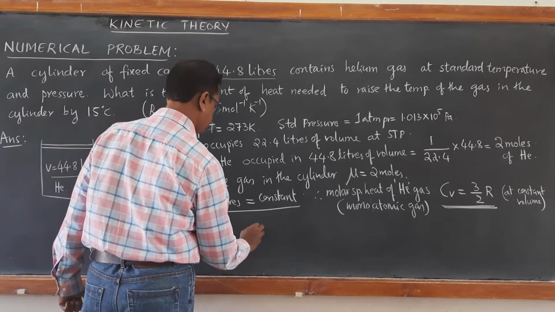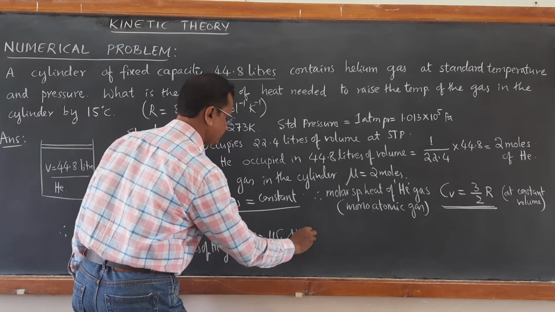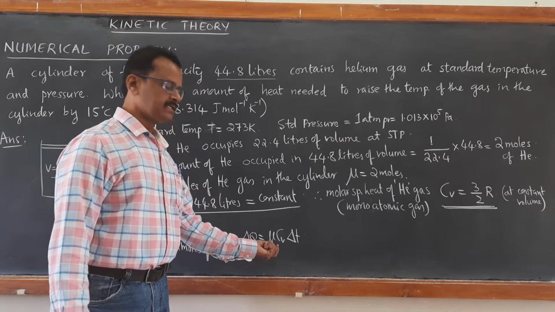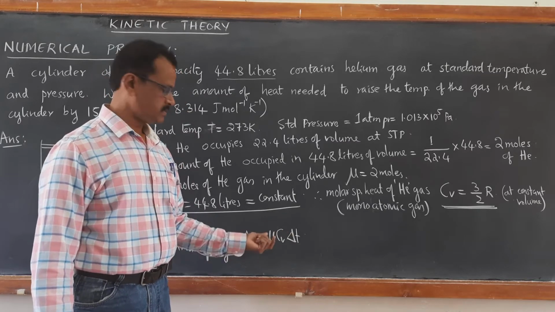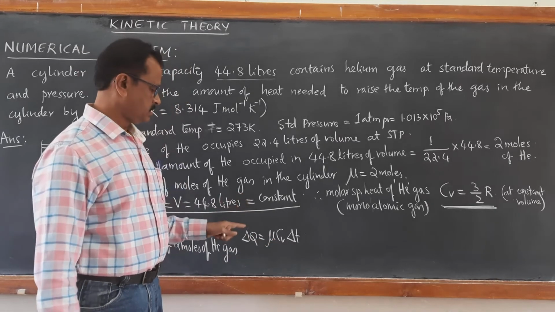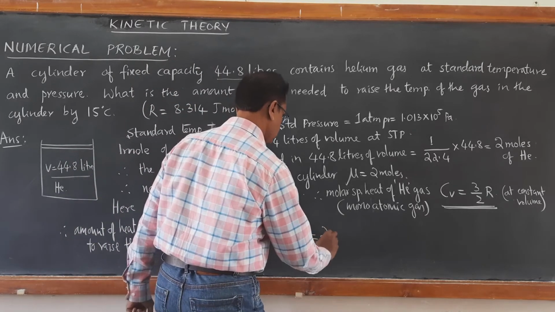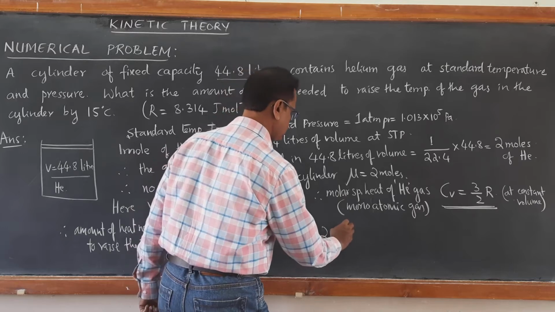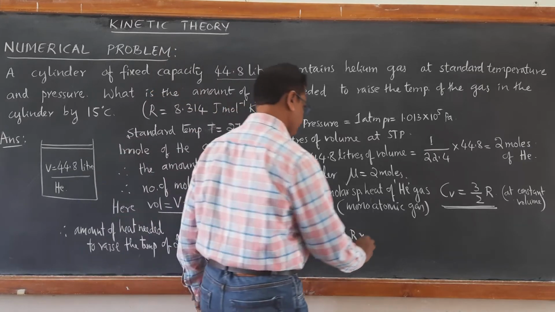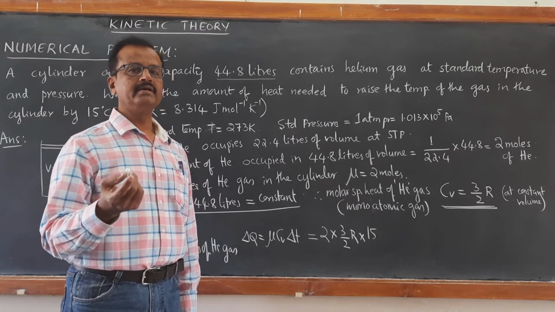delta Q is equal to mu into CV into delta T. If it is in terms of grams or kilograms, then mu will be replaced by m. Here it is in terms of moles. Therefore, delta Q is equal to mu into CV into delta T. So mu is 2 moles, CV is 3 by 2 R, then delta T is 15 degrees Celsius.